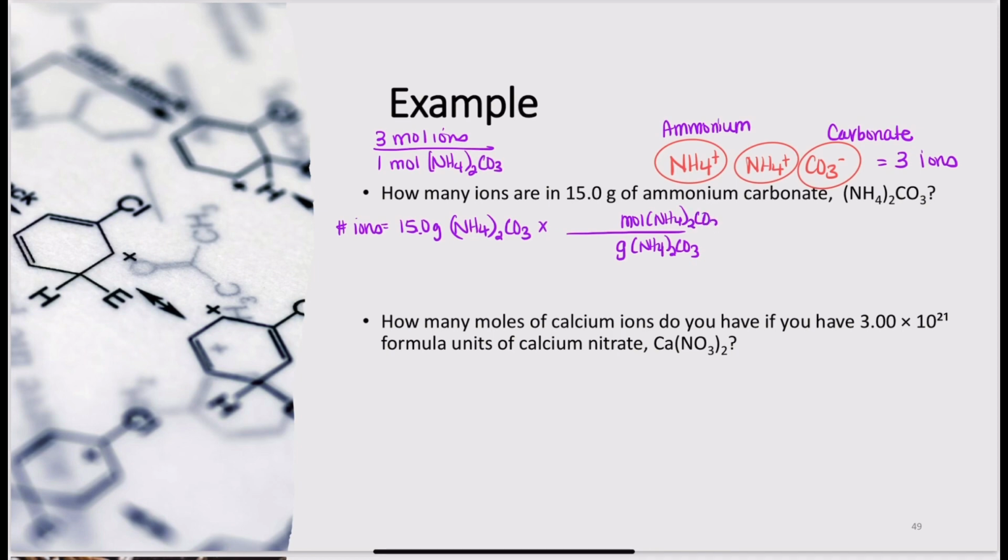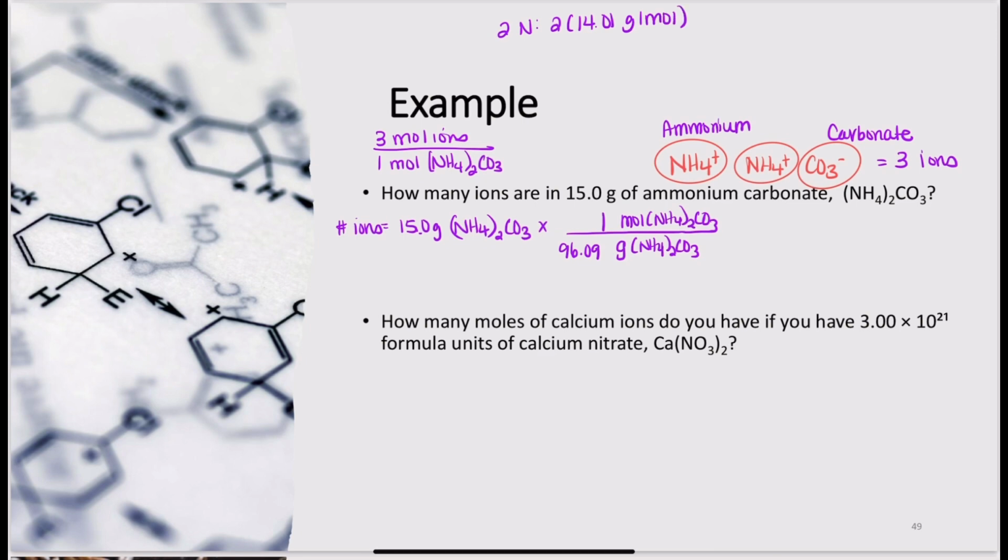And notice I'm writing what the grams and moles are of because I'm going to be converting between different species. I want to know what I'm talking about. I know that for every 1 mole of ammonium carbonate, I have 96.09 grams of ammonium carbonate. Why do I know that? Well, I look at this formula and I've got 2 nitrogens, 2 times 14.01 grams per mole.